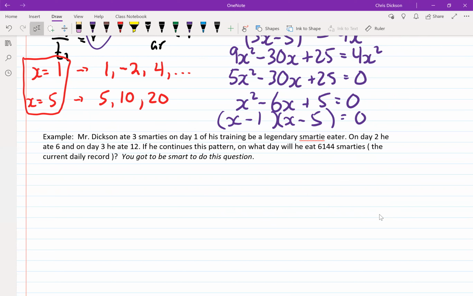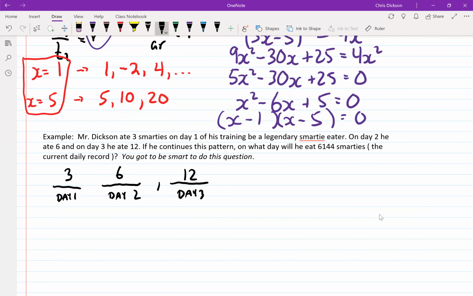So we know the first term would be day 1. So day 1, I ate 3 Smarties. On day 2, I ate 6. And on day 3, I ate 12.